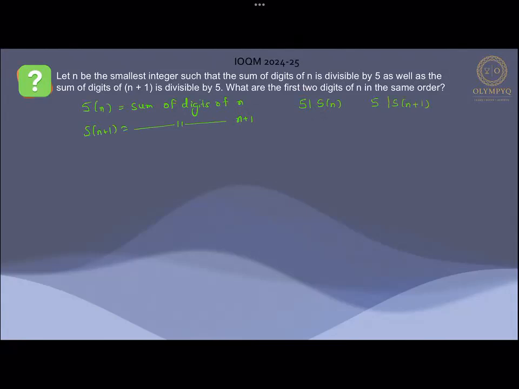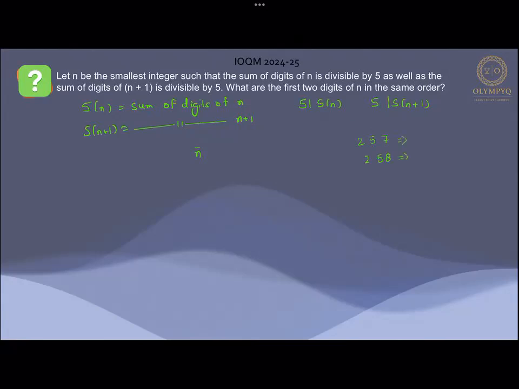Now let's say we assume that n does not end with the digit 9. Then what will happen? Let's say the number we have taken is 257. Then n plus 1 will be 258.